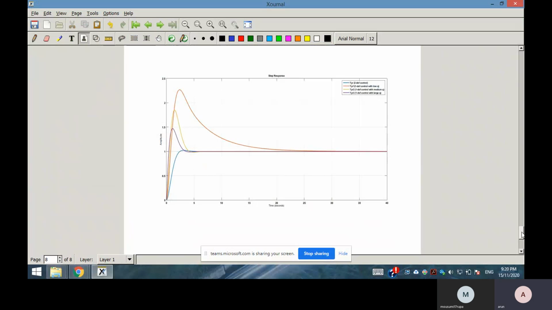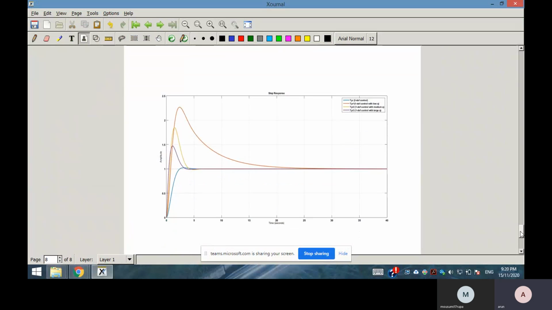Okay, so now you see here, I will write T Y to R characteristics.